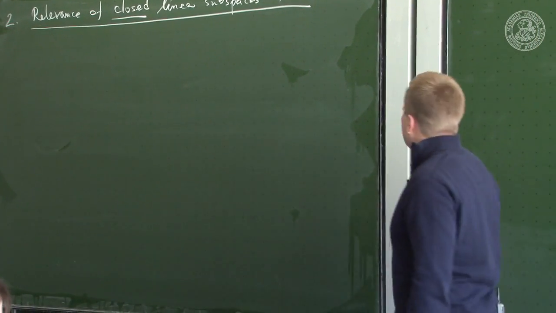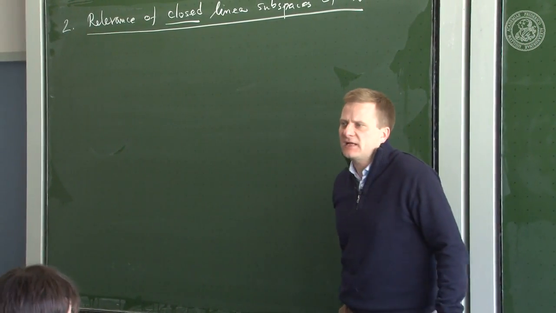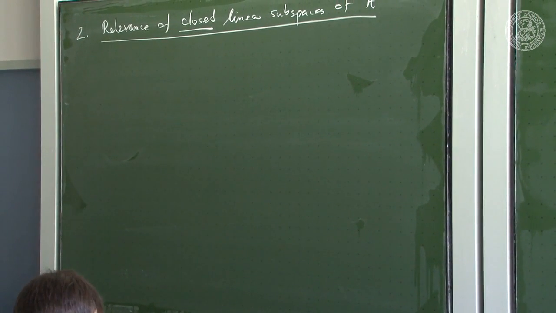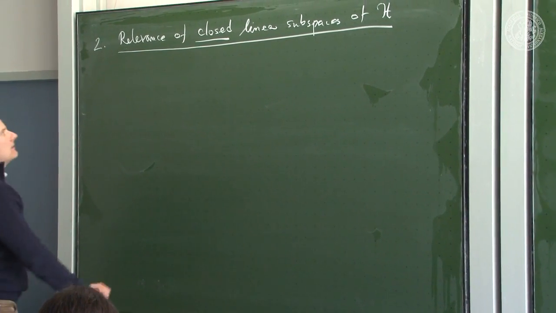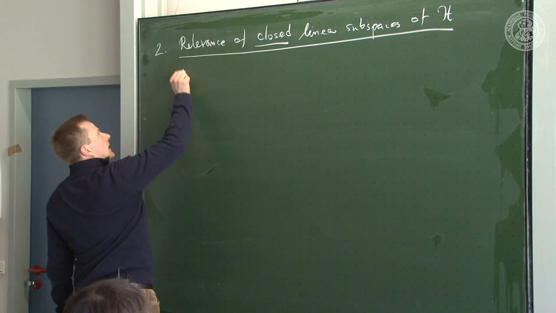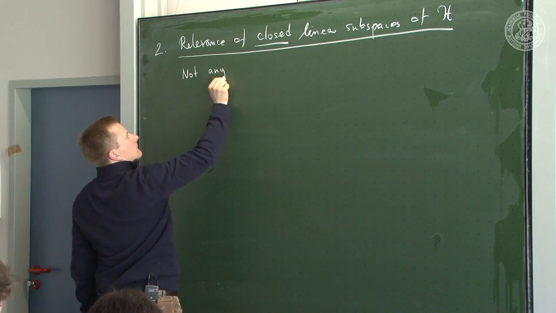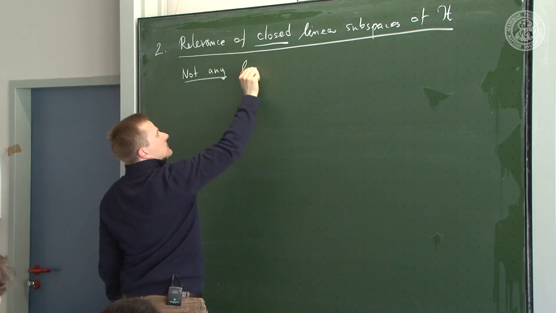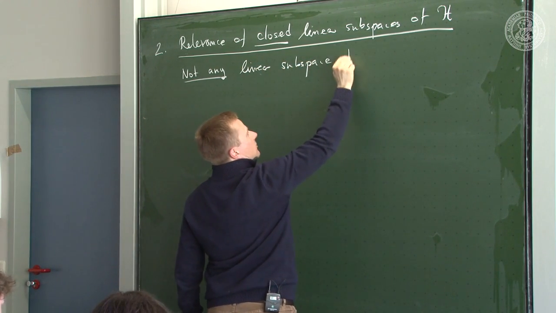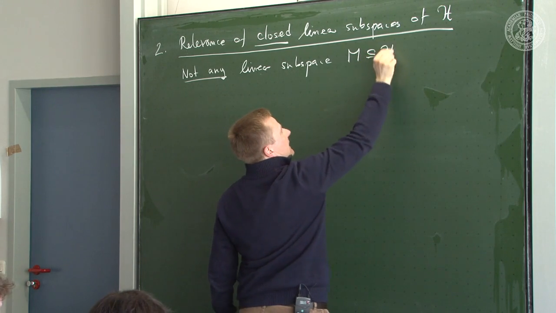And that's maybe at first puzzling: why closure, or topological closure, comes into the game. And what is the relevance of closed linear subspaces? Well, it's this. Not any linear subspace, let's call it M of H.